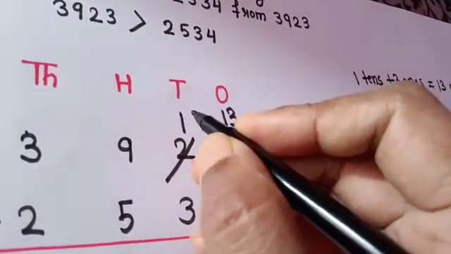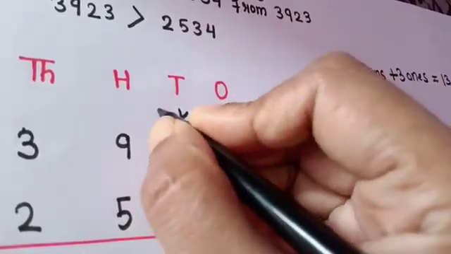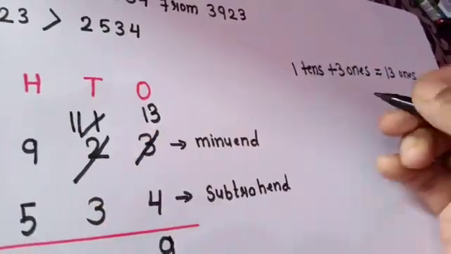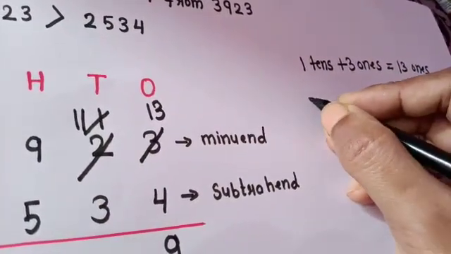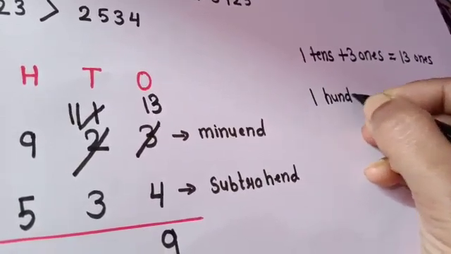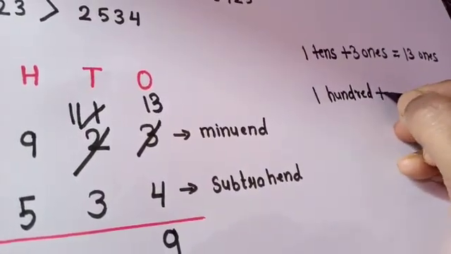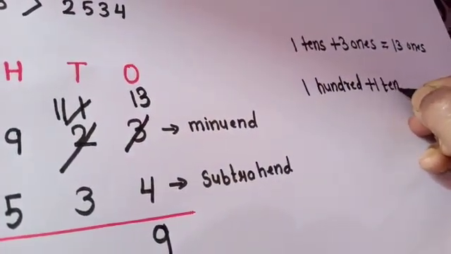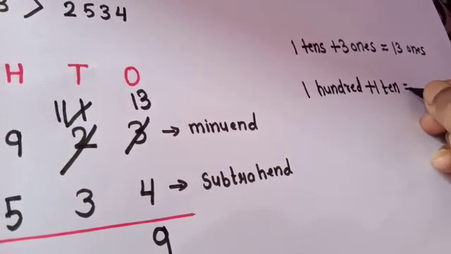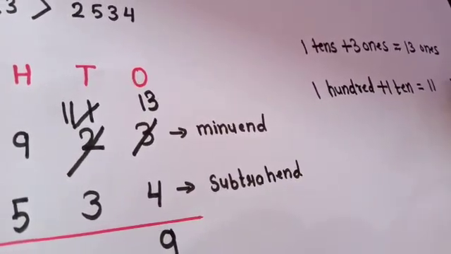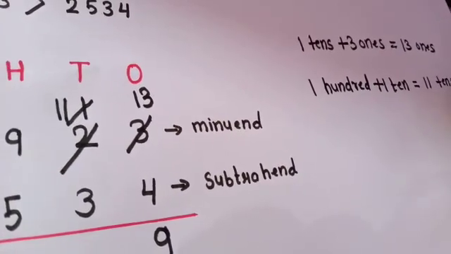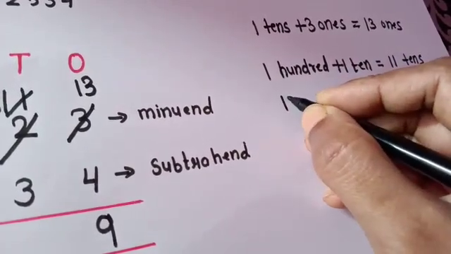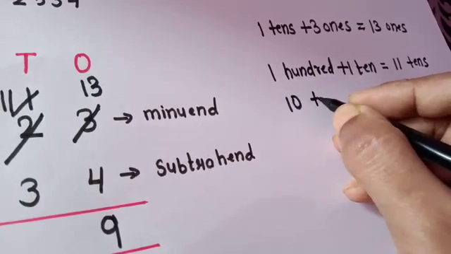So it becomes 11 tens, because when we add 100 in 1 ten, it becomes 11 tens, because 100 means 10 tens.